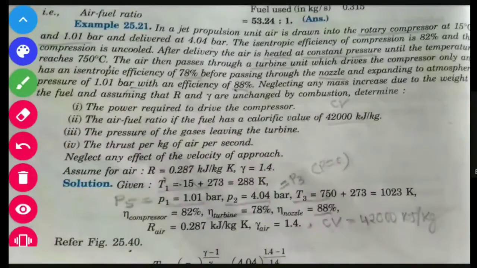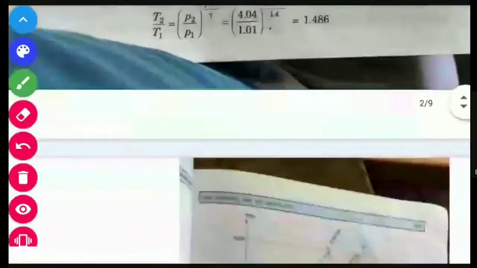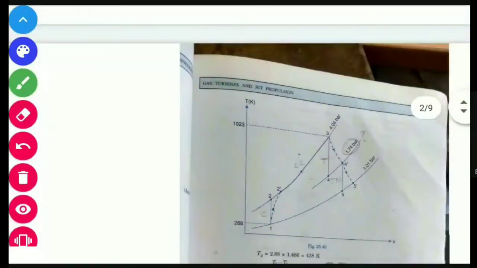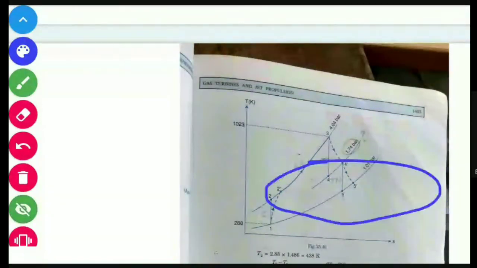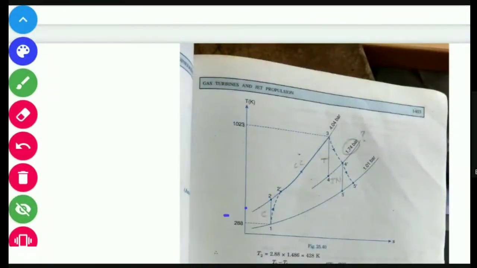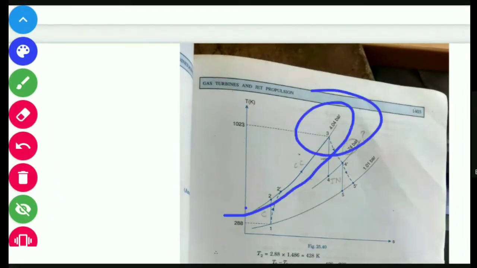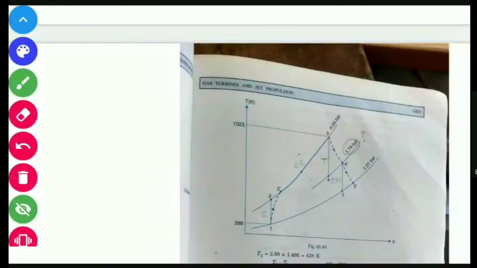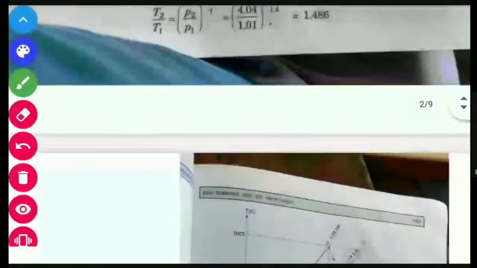You can refer to the figure also. So from 2 to 3, pressure is constant, but temperature is increased.